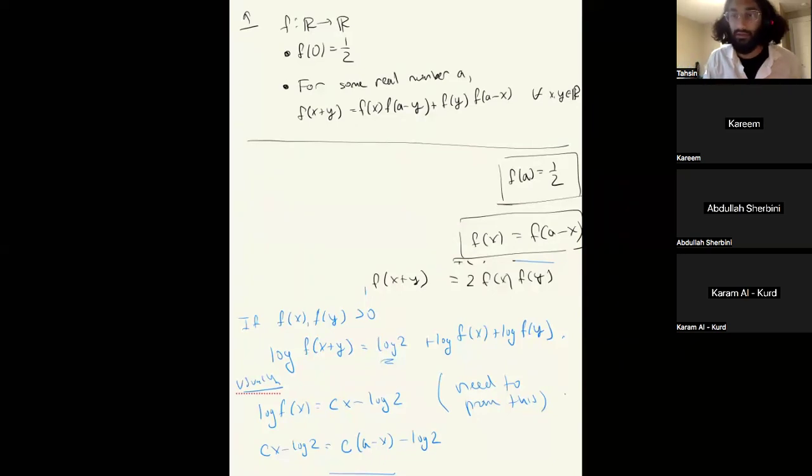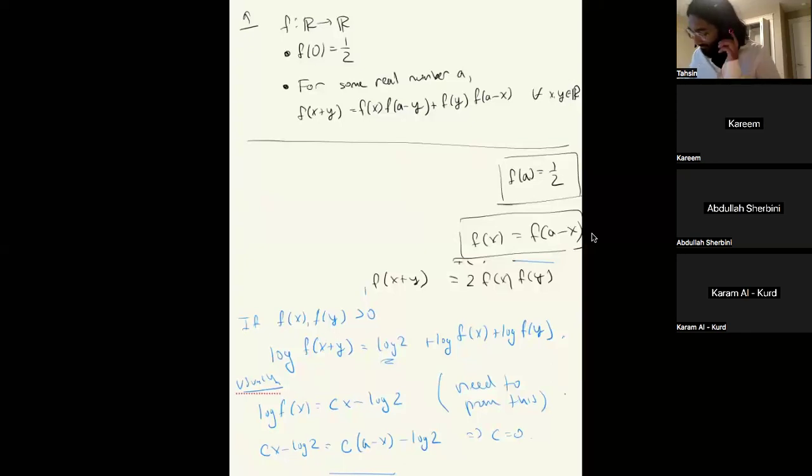So from here, actually, we can guess what c has to be. There should only be one c which will make this equation work. Is it 0? Yeah, so basically, I think we need c equals 0.